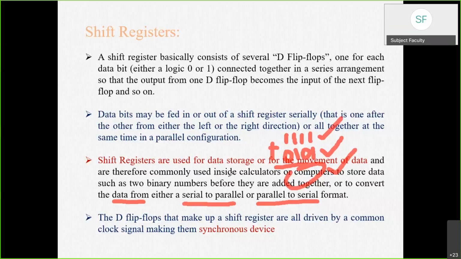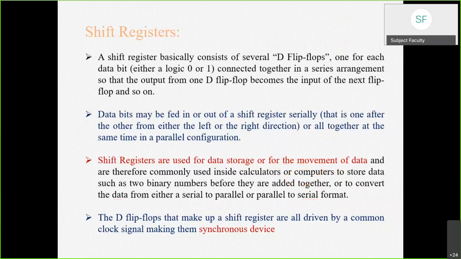Okay, so you may be requiring that your input, whatever input you are getting, is in serial format, and now if you need to convert it into the parallel format, then for that purpose also shift registers are used. Okay, so these are two main applications of the shift register.